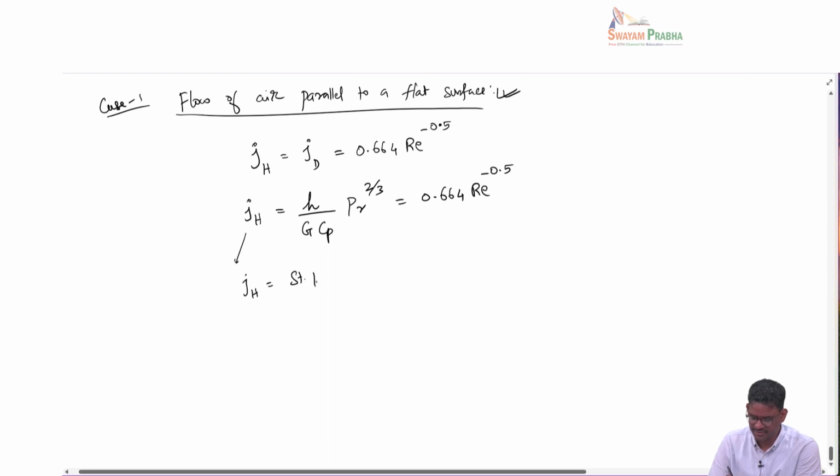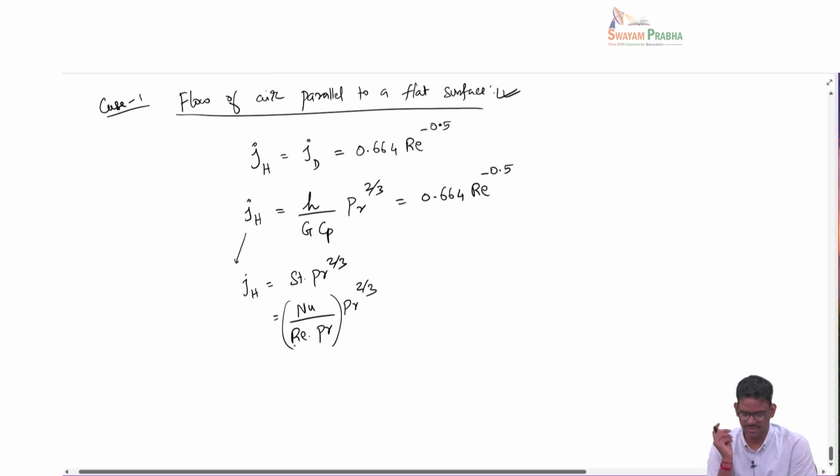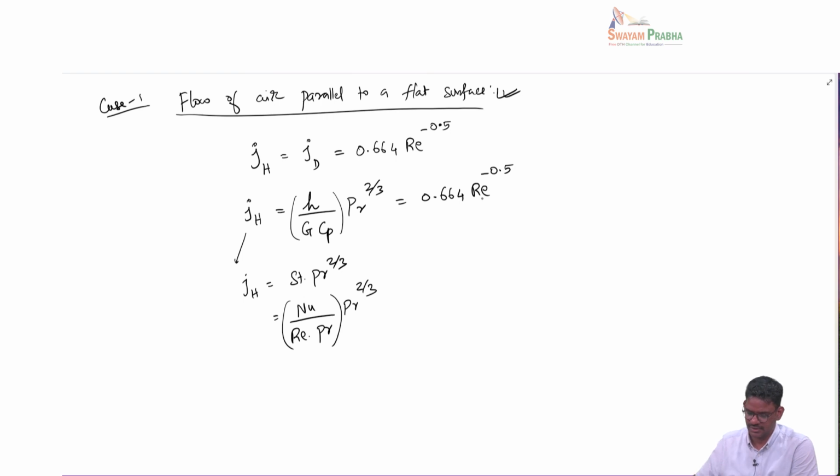Now if you remember, this JH is defined as Stanton number times Prandtl number power 2/3, and the Stanton number is written as Nusselt number over Reynolds number times Prandtl number. If I substitute all these, Nusselt number, Prandtl number and Reynolds number, you will get this group of terms, and that must be equal to this.